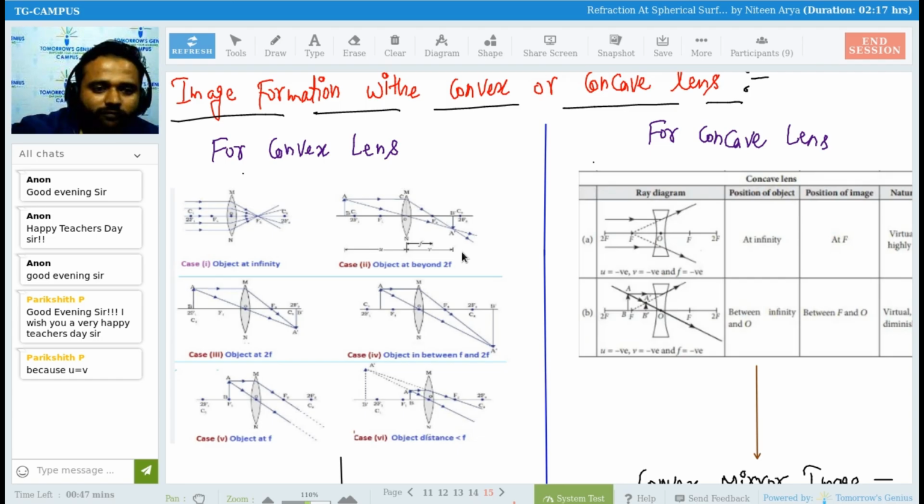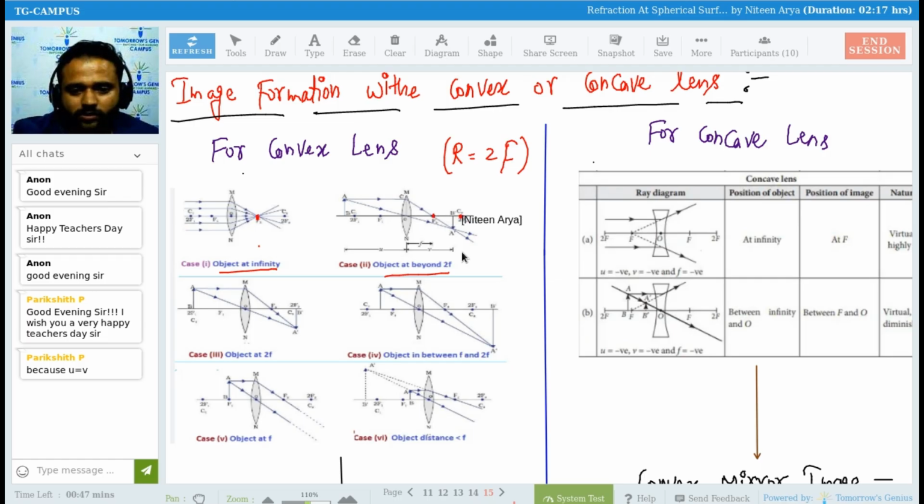The same analogy you can see here. Object at infinity, and you can get the image at focus. Case 2, object beyond 2f. Here instead of writing C, because radius of curvature is nothing but twice of f. Beyond 2f, we can get the image real, inverted, in between focus and 2f. You can see that.